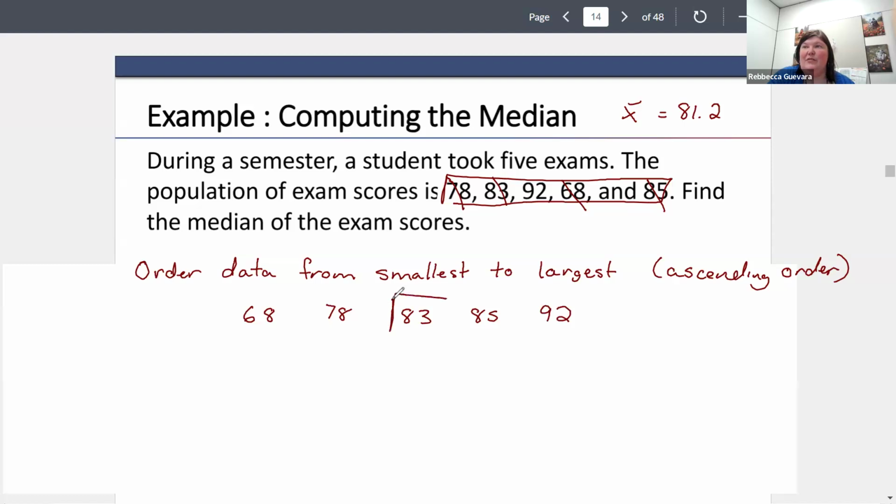So we see that this value is exactly in the middle. That one value in the middle means that my median is 83. Half of the students' grades are less than 83, and half of them are greater than 83. Well, about half.